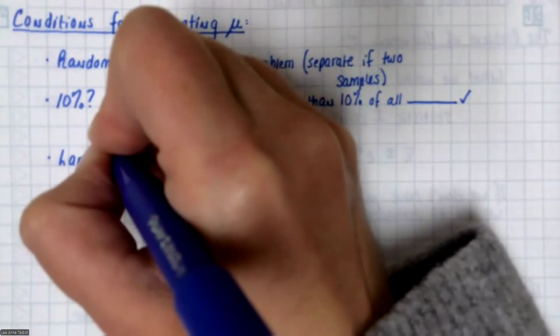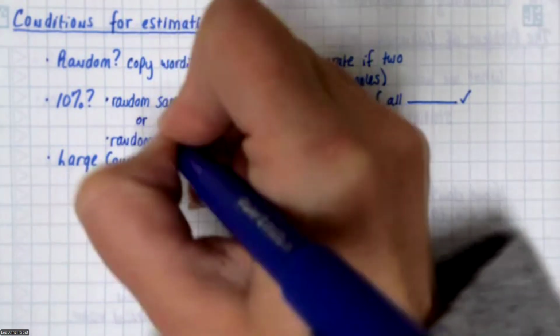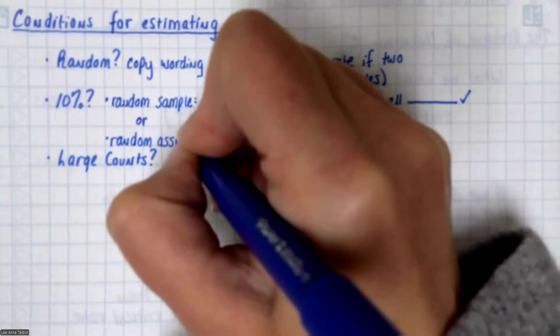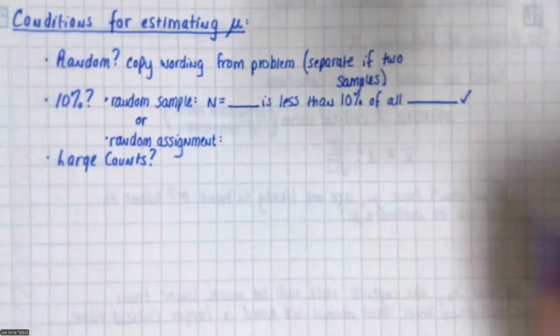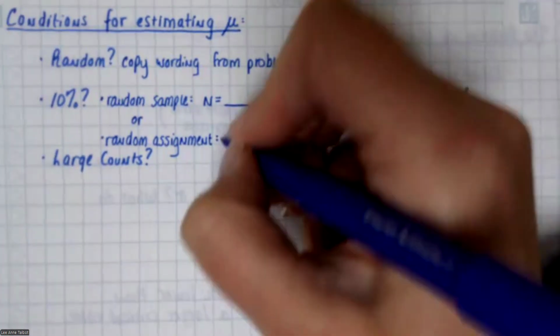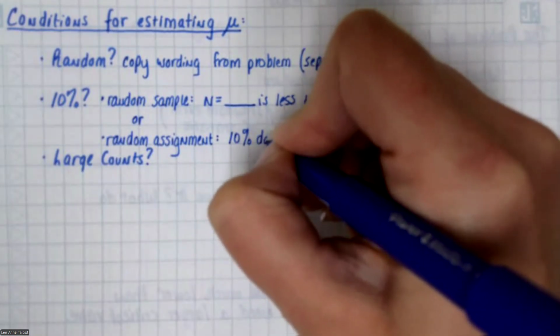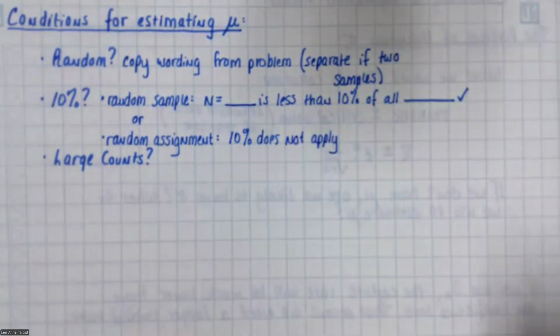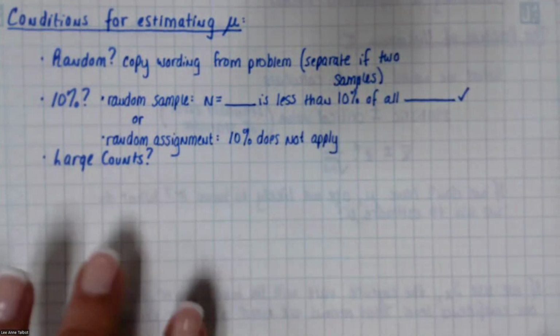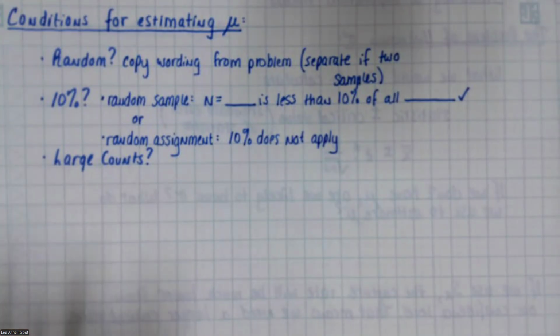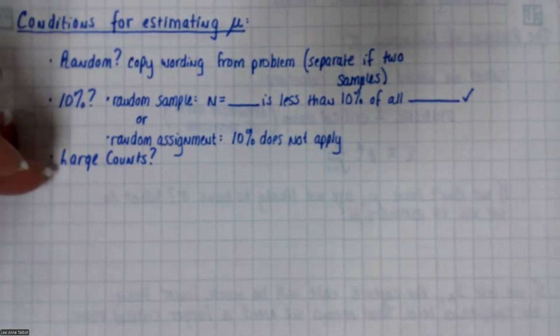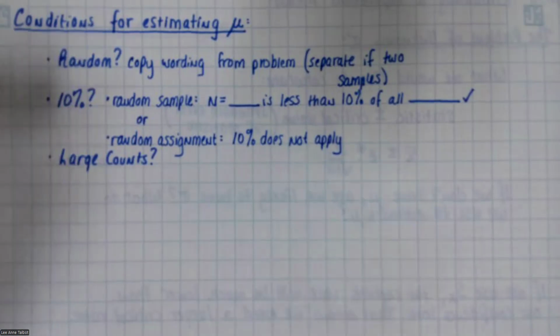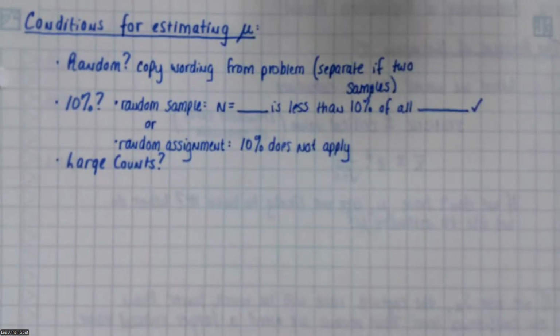Or if it's an experiment with random assignment, 10% does not apply. And you can just skip it, but that should not be news to you. That's the same dealio. Chapter 8, chapter 9, same thing. Okay, so have we had anything new yet? Anything unexpected?